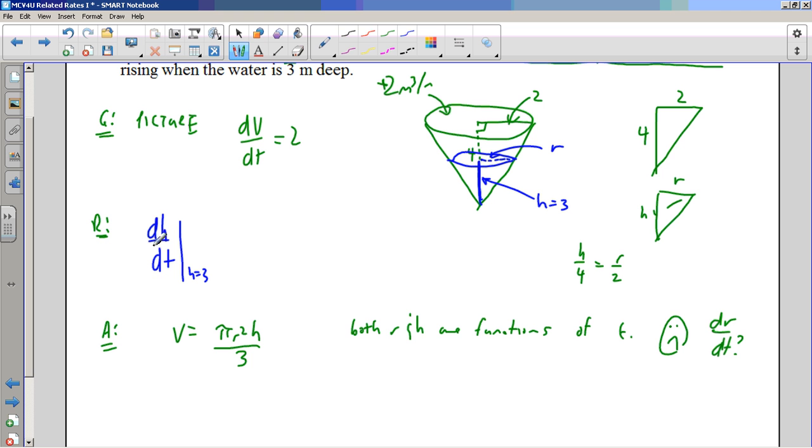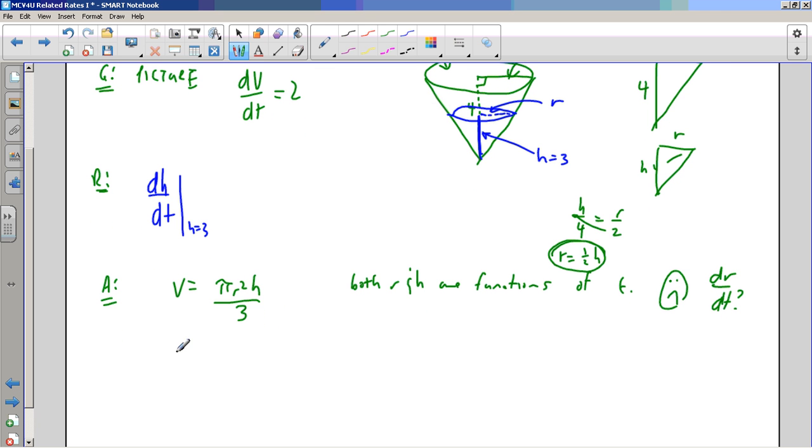Now notice, I want to leave h in the formula, so I need to get rid of the r. So I'm going to multiply by 2 here, and I get r equals 2/4 h, or 1/2 h. And that's always true. So I can use this formula and simplify this, so I do only have one variable in my equation.